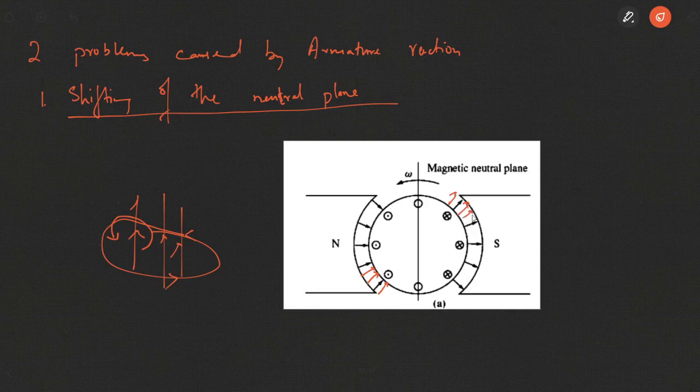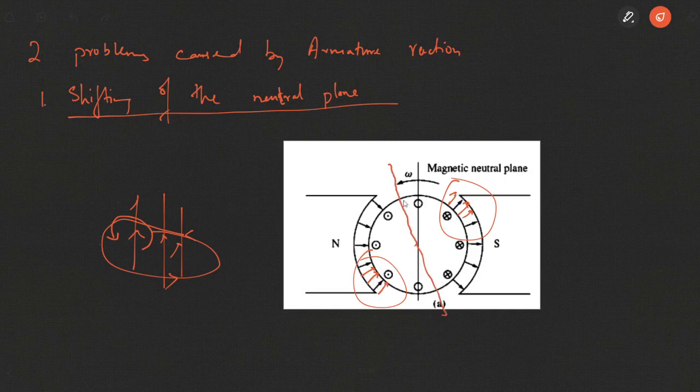So at this end of the North Pole and at this end of the South Pole, the magnetic lines of force will be more compared to the other two ends. That means the magnetic field will now be concentrated more towards the edge of both North and South, and the magnetic neutral plane will no longer be at this point.